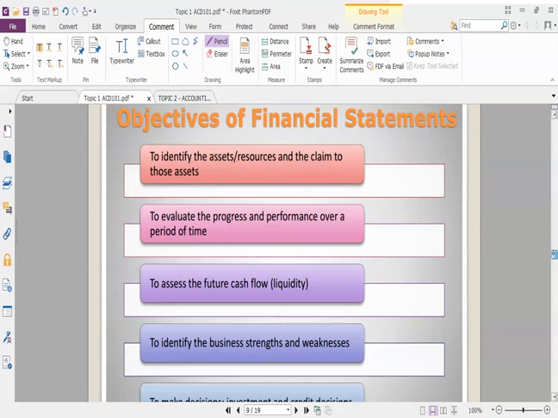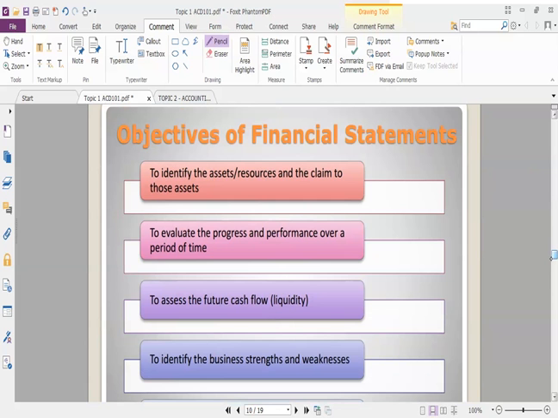So what is the objective of the financial statement? The purpose of the financial statement is to identify assets, which include movable or immovable or both. For asset, we actually have two types, that is non-current and current asset.